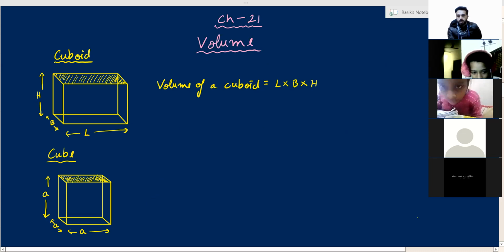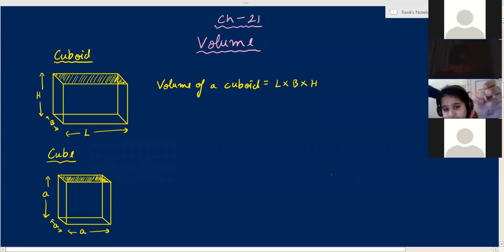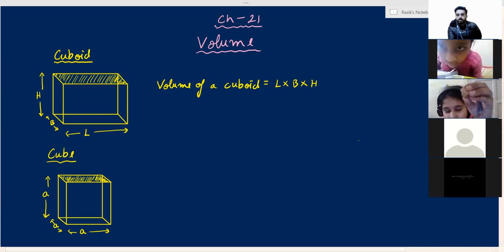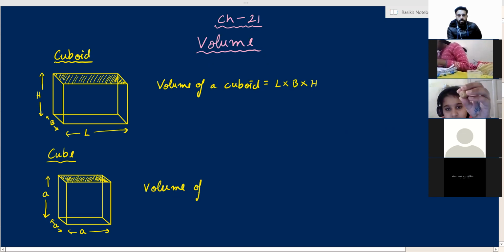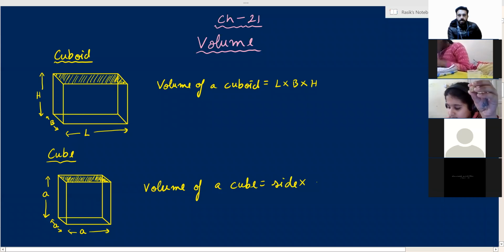Yes, Adya, what are you showing? Sir, a dice. Adya is showing a dice, Ludo dice. Correct. It is also in the shape of a cube. Very good. So what is the formula of volume of a cube? Volume of a cube is equal to side multiplied by side multiplied by side.